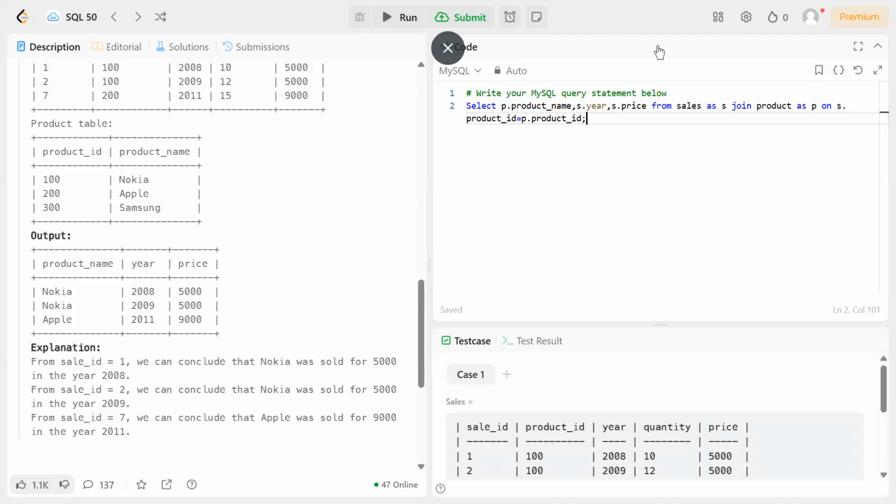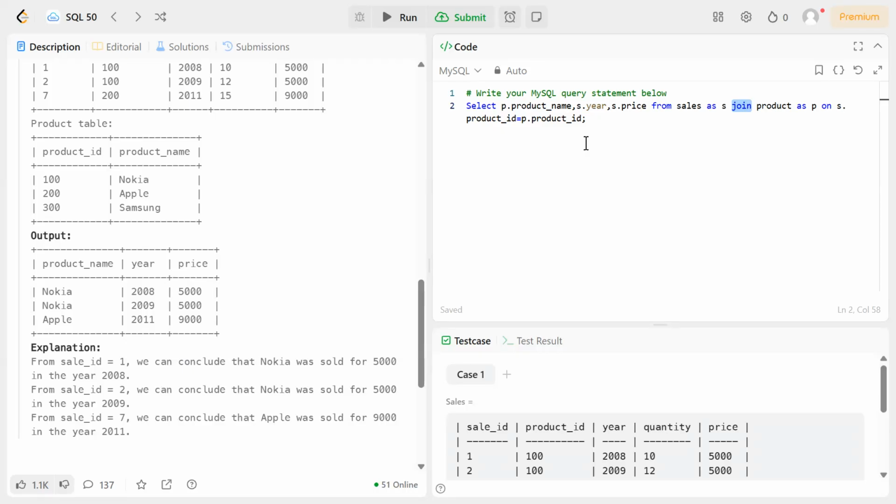Now let's check this and break down the solution. From sales as S, it's an alias, the sales table as S, to make the query cleaner. And the join: join product P on S.product_id equal to P.product_id.